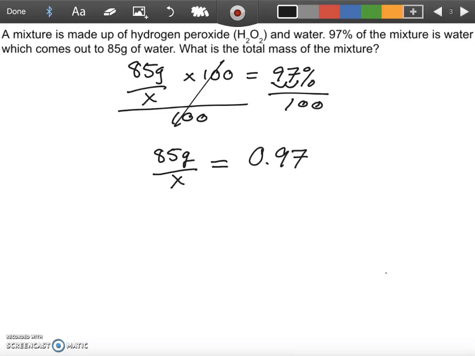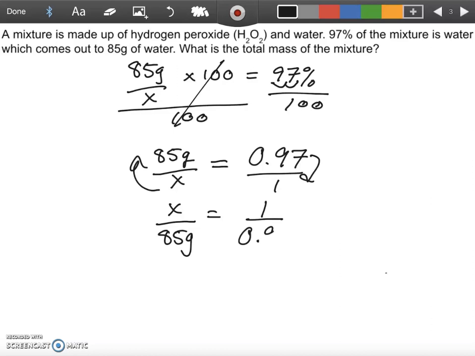Now we need the x to be on top, so we just flip both sides. If we flip that side, we also have to flip the other side. Now this is technically over 1, so we flip this as well. Now it's 1 over 0.97.